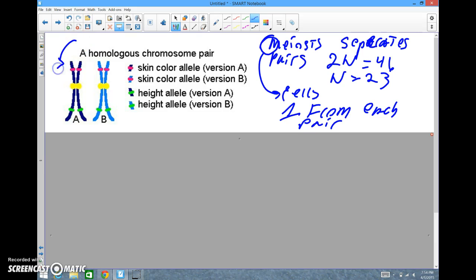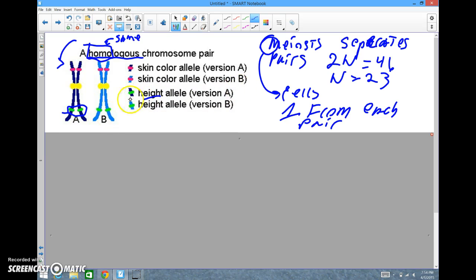Over here, we have a pair of what we call homologous chromosomes. And you should remember from our previous work with Mendelian genetics that this prefix homo means same. So what you have here is an organism that has this allele right here, which is for height, on both of these chromosomes.